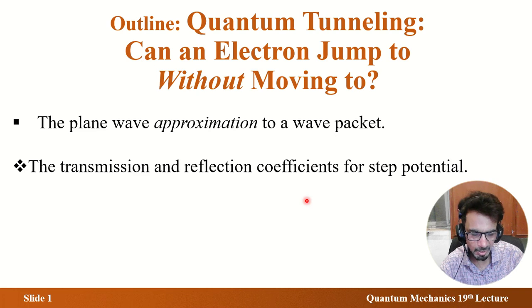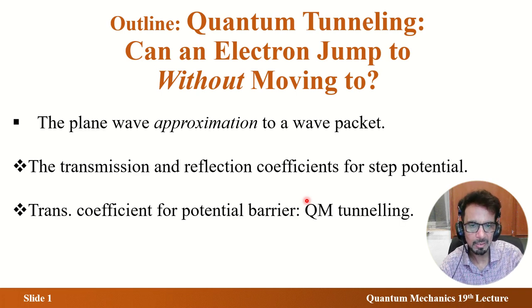Having introduced that, next we go to what I started talking about as a result, and that is the barrier. Barrier means that you have three regions. You have two regions of potential which can be taken to be zero, and in between is a non-zero potential. That is a calculation case, and the result of that is called tunneling.